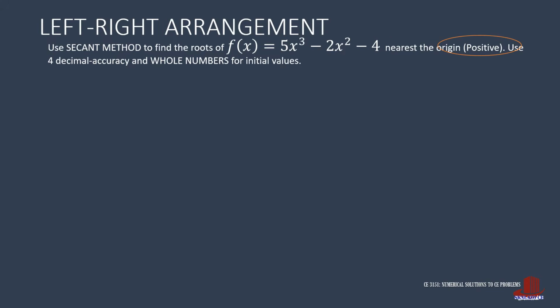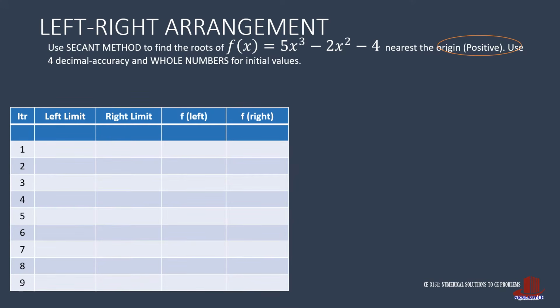Placing the initial values into the table, we create one with 5 columns including the iteration number. This time, the first column is the left limit, followed by the right limit, and then their functions, f of the left and f of the right limit.